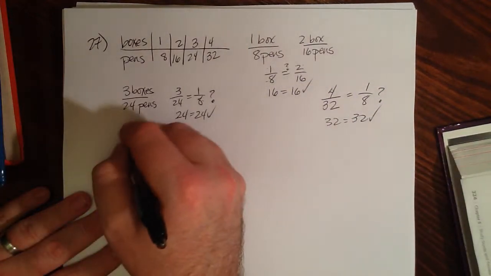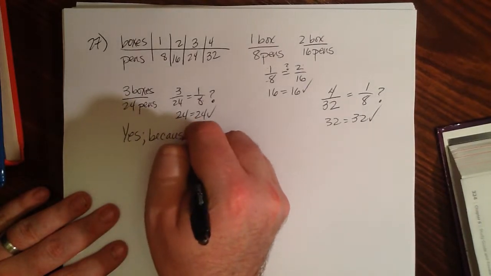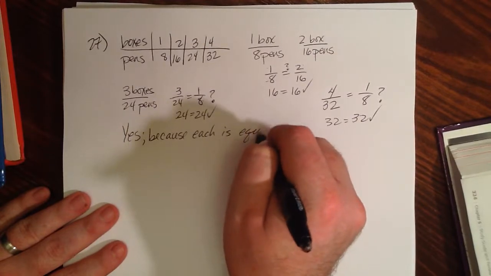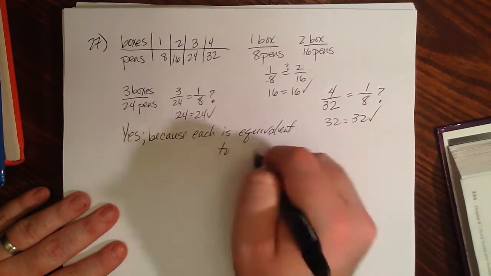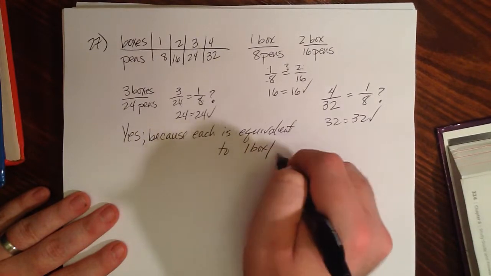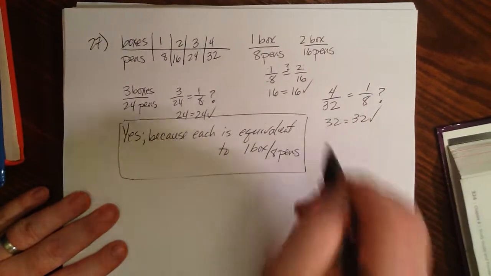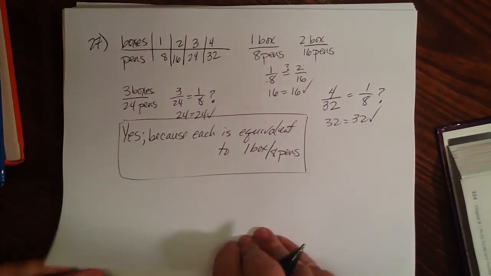So, yes, this is proportional because each is equivalent to 1 box to 8 pens. Since each one of those reduces to the same ratio, they are proportional.